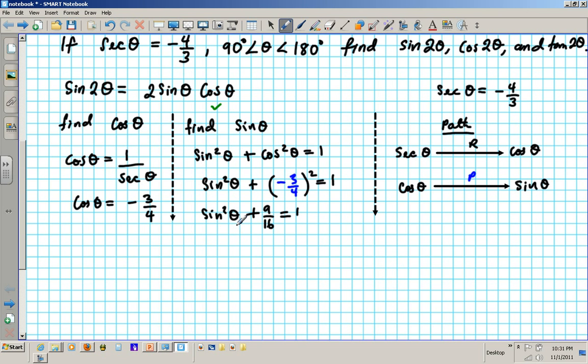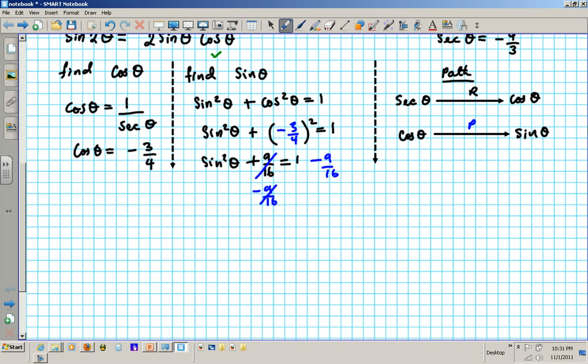Now we need to get sine theta by itself. We're going to use 2 steps. We're going to subtract 9 over 16 and then square root both sides, and that will give me sine theta. So let's do it. We'll subtract 9 over 16 from both sides. These 2 cancel out. And then you have sine squared theta equals 1 over 1 minus 9 over 16. We can write 1 over 1 as 16 over 16, the equivalent.